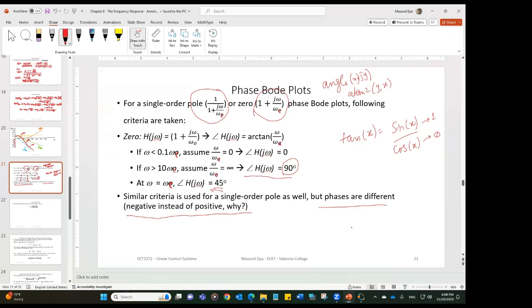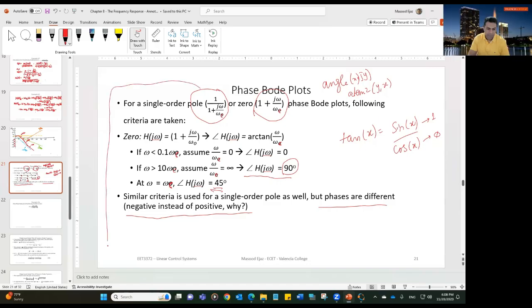So subtraction from the inverse tangent of numerator minus... Yep, when you're calculating, it comes out negative. Yeah, when you are determining the angle of this pole, the angle of this pole is going to be the angle or phase of the numerator minus the phase of the denominator. So for the pole, angle of h of j omega is the angle of the numerator, which is 0.